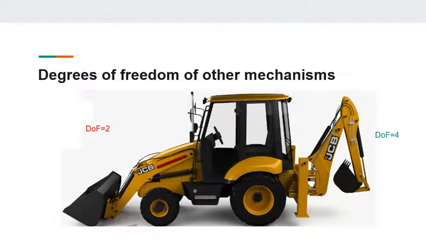Now we have found the degrees of freedom by counting the number of actuators in a mechanism. But actually it is the other way round. First, the number of degrees of freedom of a mechanism is calculated, and using that, the number of actuators required is found.